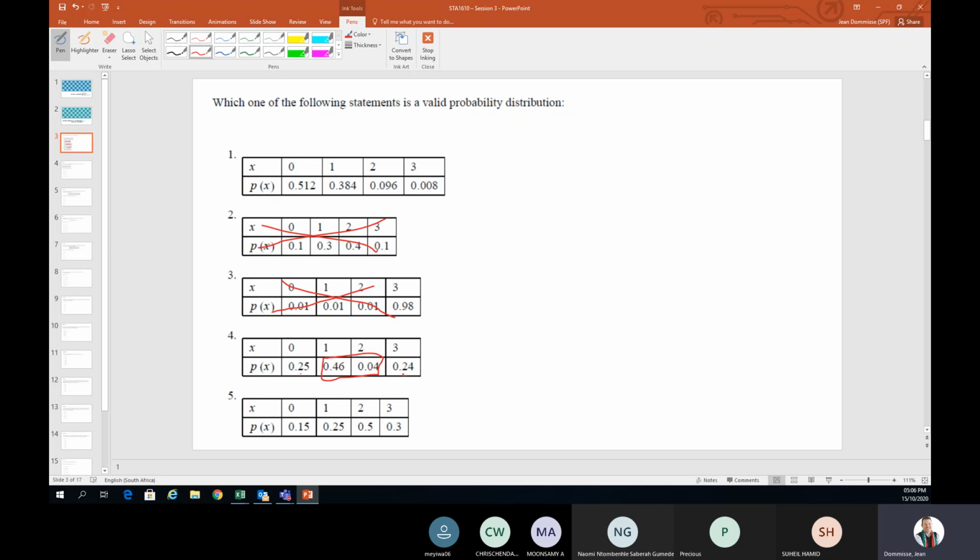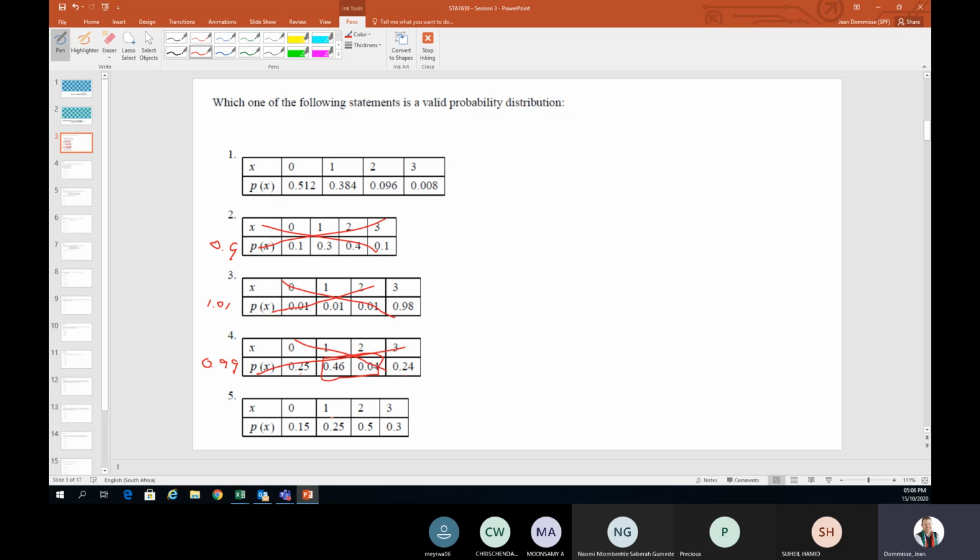So you can see I'm missing 0.01, so it's also not that one. That one added up to 0.99. That one added up to 1.01. That added up to 0.9.